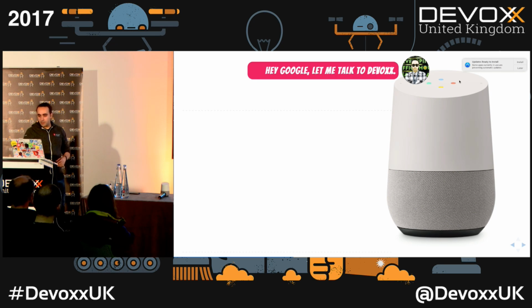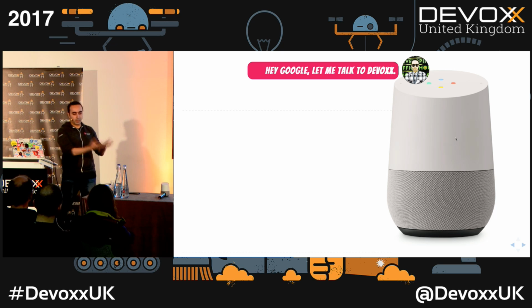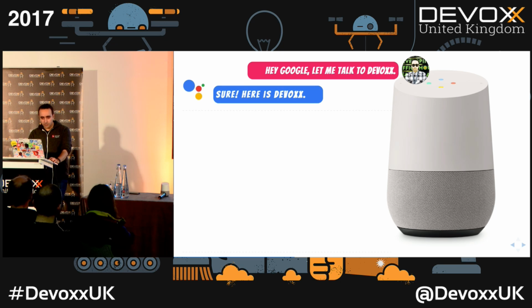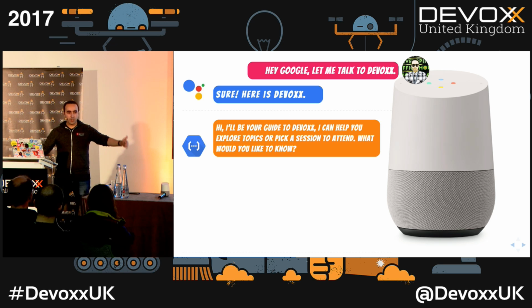As you saw from my demo earlier, I'm human, I interact with the device, and then the Google action actually starts my real bot. So there are two things happening.